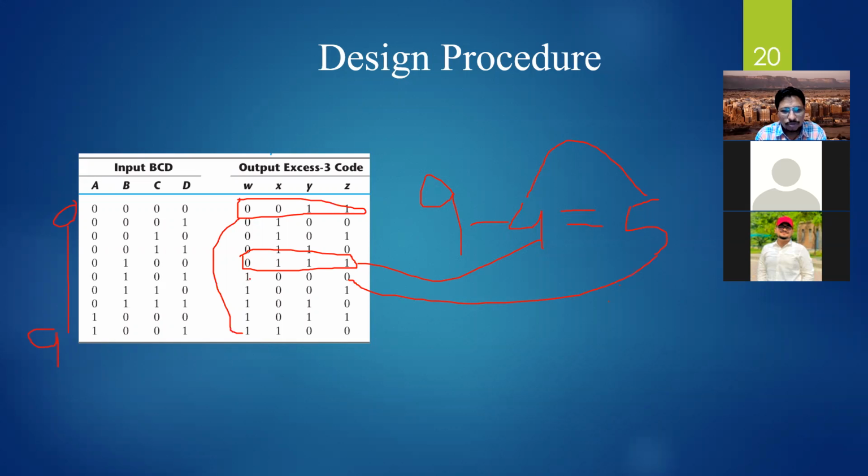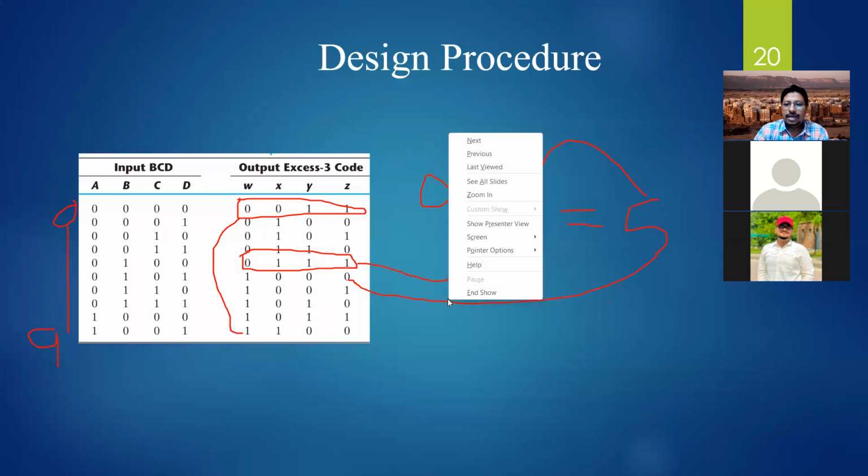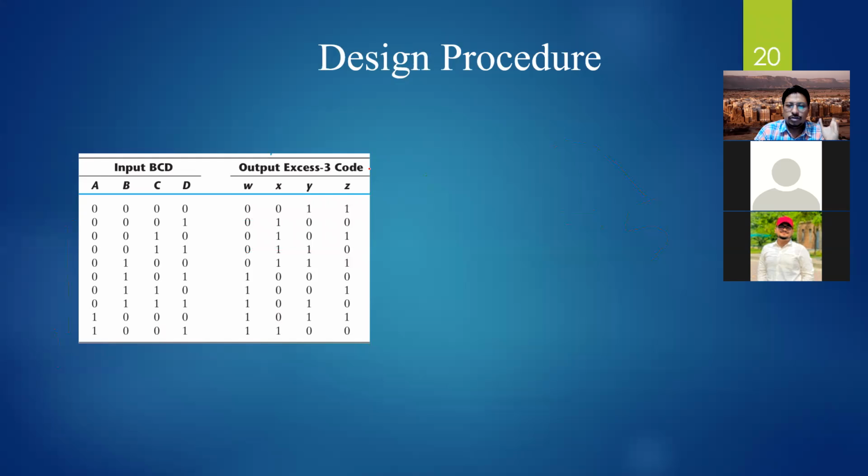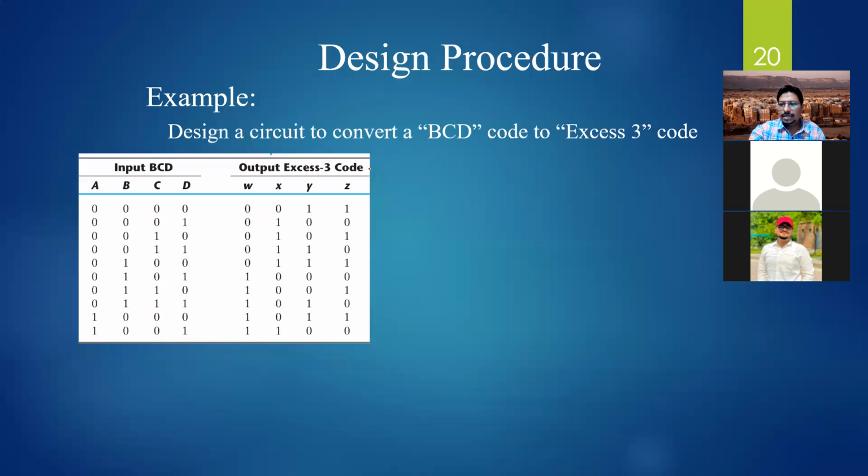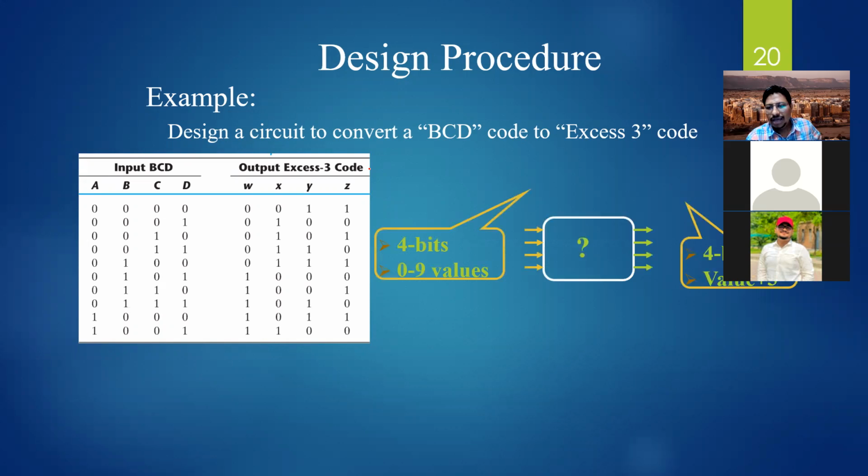And instead of 0, it became 1. And instead of 1, 1, 1, it became 0, 0, 0, and so on, until you reach the 9, the last one. After that, you will say, I don't care about anything. It's not a big issue for me; I will fill it with X, which is the don't care function.